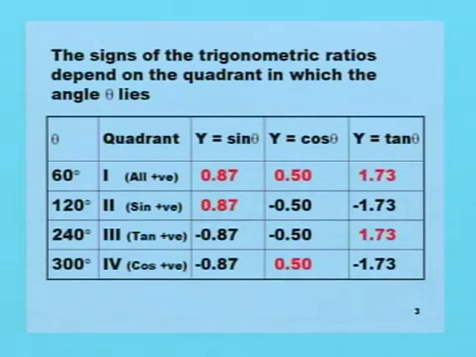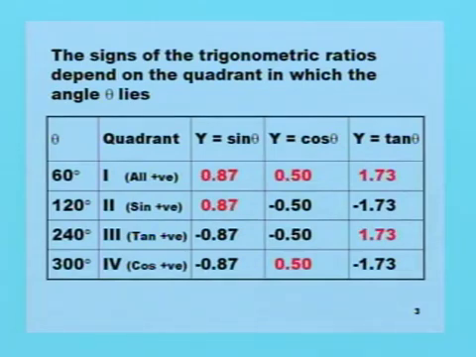Cosine 120 degrees will also fall in the second quadrant, which will give us minus 0.50. And tan 120 degrees will be in the second quadrant, which will give us minus 1.73.